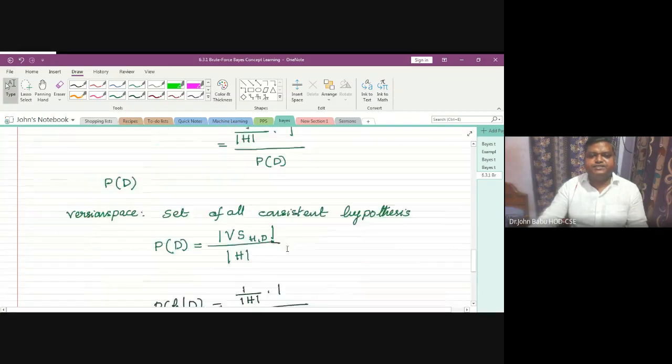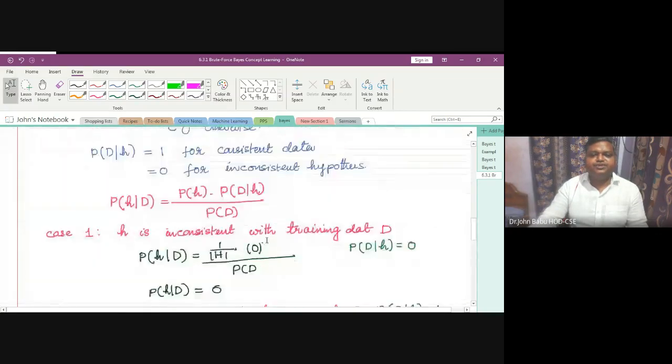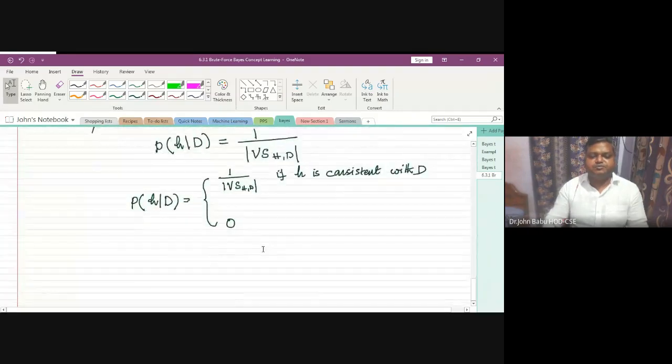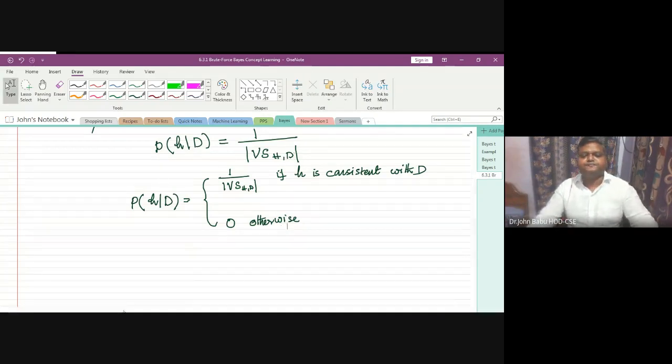Because for inconsistent data, we got 0, because the likelihood probability is 0. This is known as the brute force MAP algorithm.